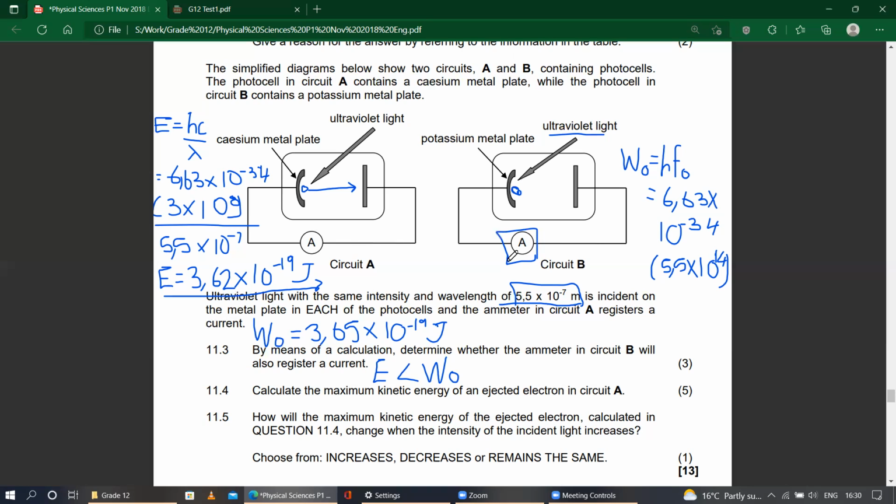Or you can say the energy is less than the energy required for an electron to jump, so no current is registered. But they just said by means of calculation. So I think if you just say this at the end and say that no current is registered, it would still be a mark.